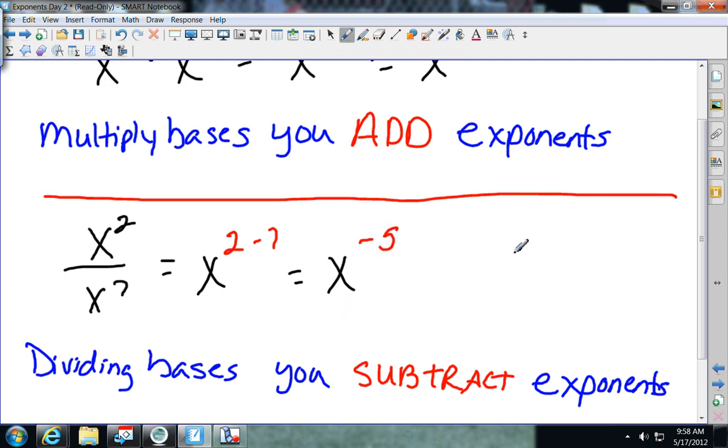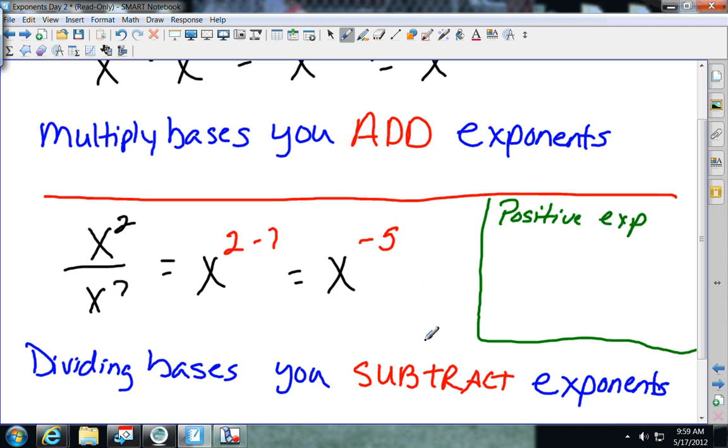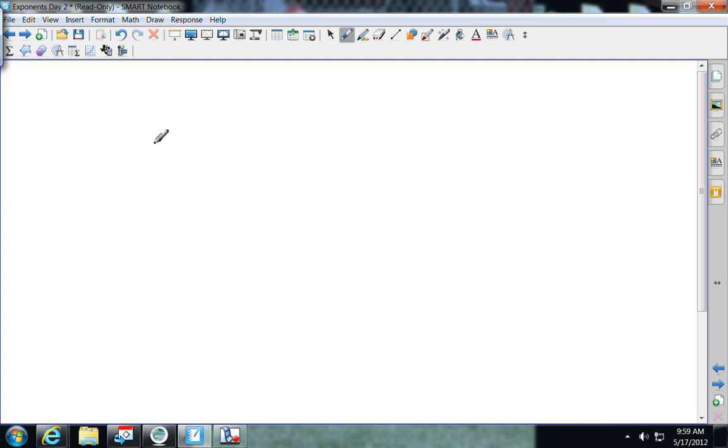Now, if I wanted to make this a positive exponent, how could I rewrite that? 1 over x to the 5th. So to make it positive, you just flip it from the numerator to the denominator. The only two that I have left: anything to the 0 power is always 1.